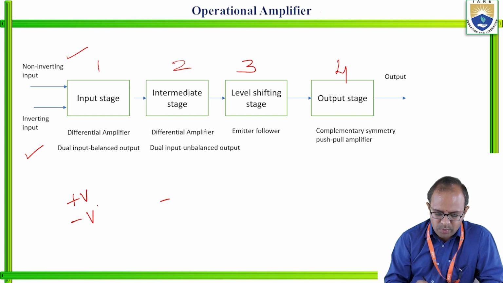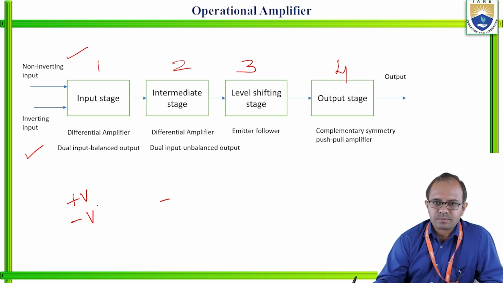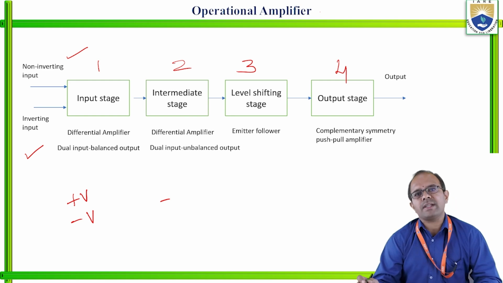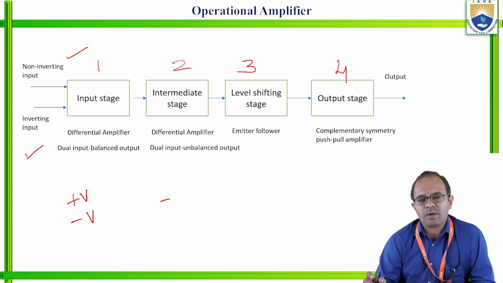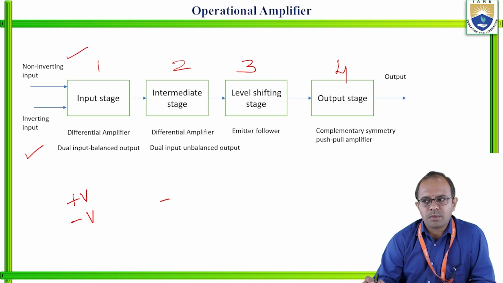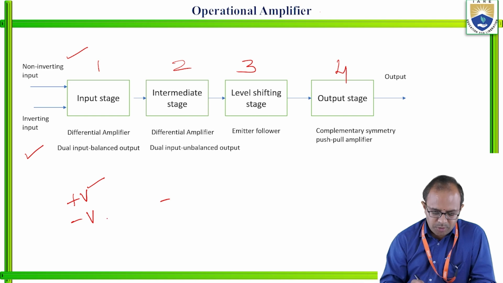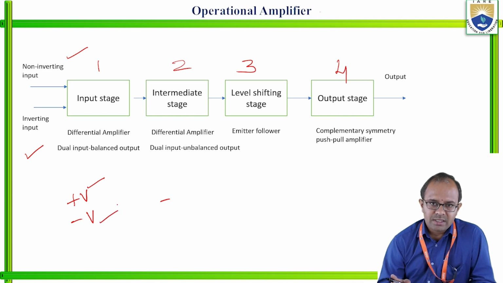Inverting means we provide a negative voltage to this terminal. So do remember, this operational amplifier consists of 2 inputs. One is the non-inverting input, which is plus V, and the other is the inverting input, which is the negative V.